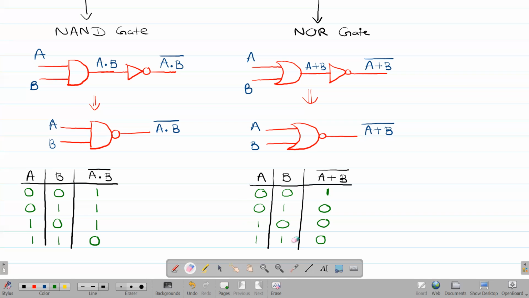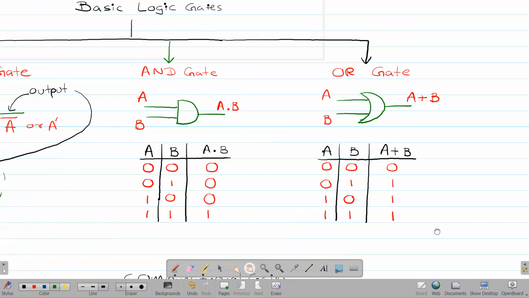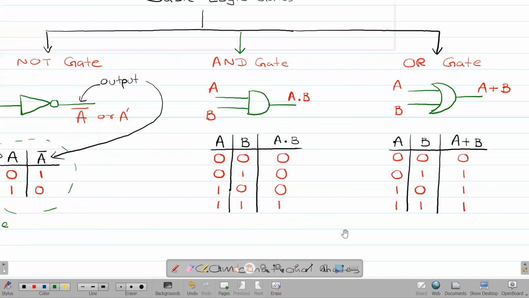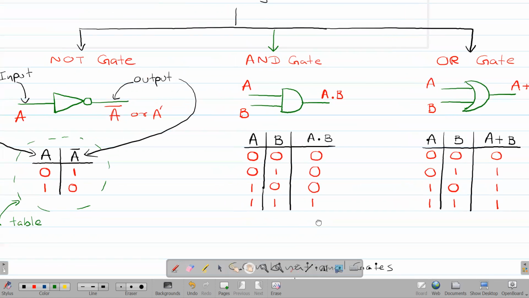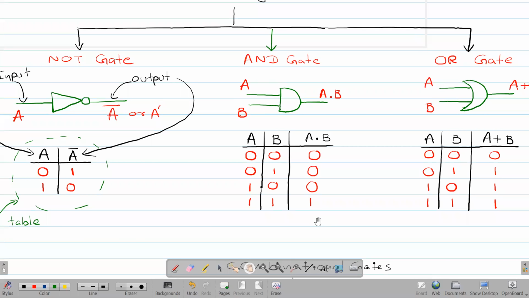Yeah, sir. Okay. So I want you to concentrate on some special points in these gates before we move to that note. When it comes to the AND gate, only when both inputs are 1 are you going to receive a 1. When it comes to the OR gate, only when both inputs are 0 are you going to receive a 0.